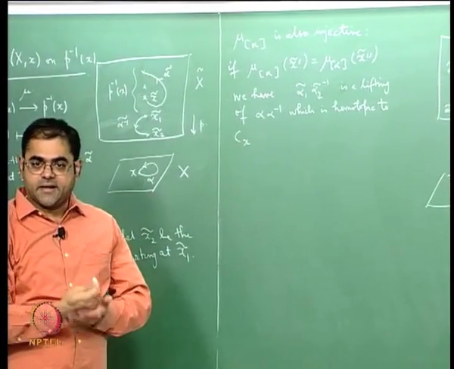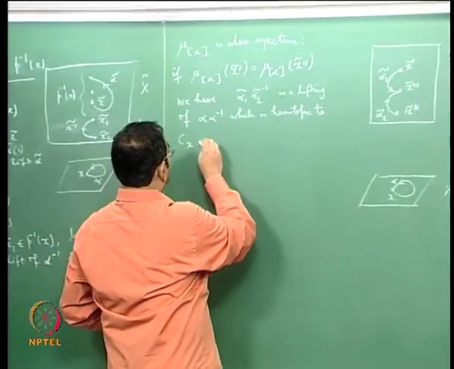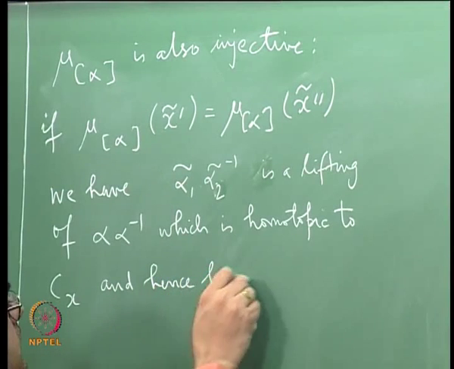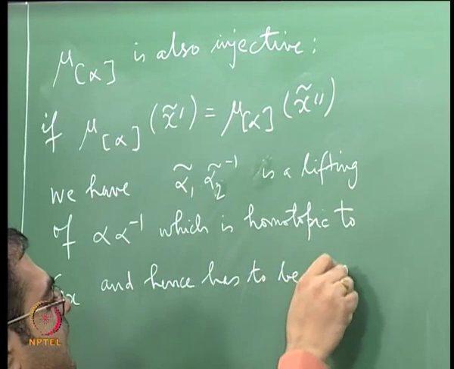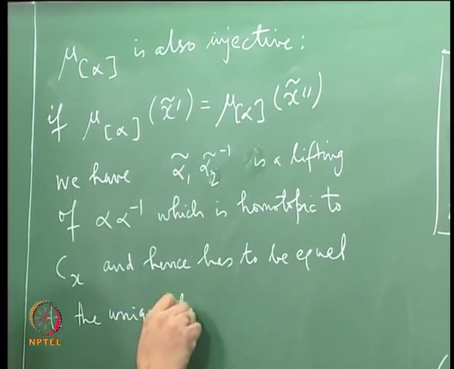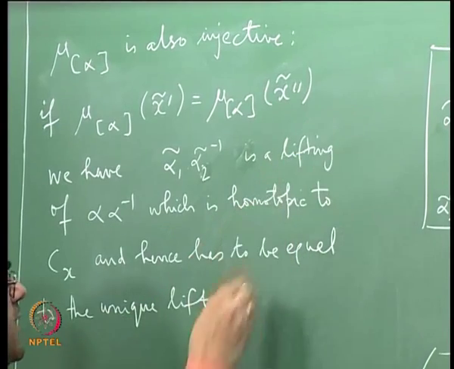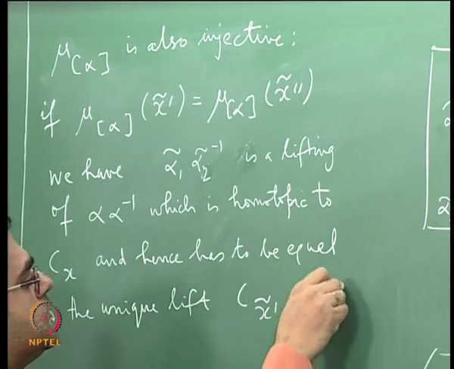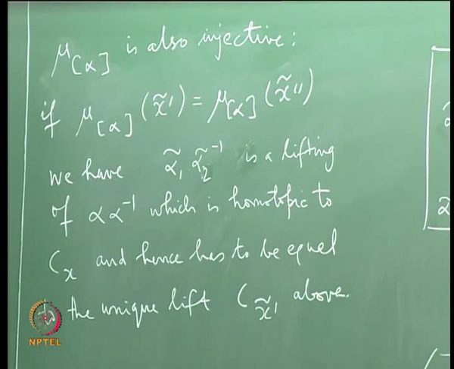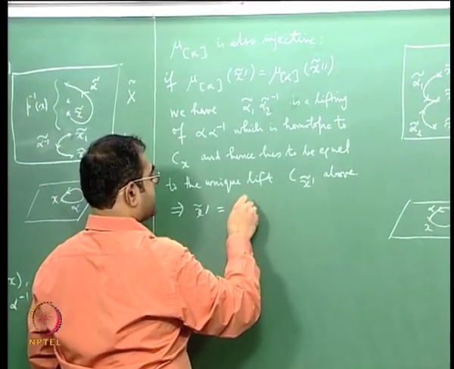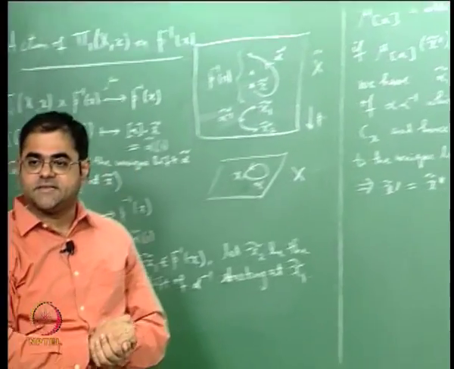Its homotopy class is the identity element of the fundamental group below, and hence has to be equal to the unique lift, the constant path at x prime tilde above. So this will imply that x prime tilde is the same as x double prime tilde, so that finishes the injectivity.